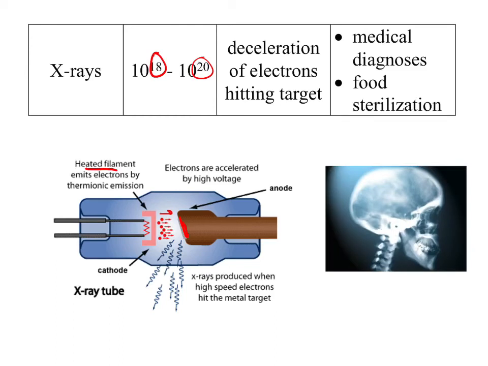Here, it's definitely less exposure, which is why you definitely are going to see an X-ray technician go behind a lead barrier every single time. That's because if they were exposed to X-rays multiple times a day, every day, they're going to be sick pretty soon. It's really not going to be good for them. But for you to have an X-ray every once in a while, I don't know how often you guys have X-rays, it's probably not that often.